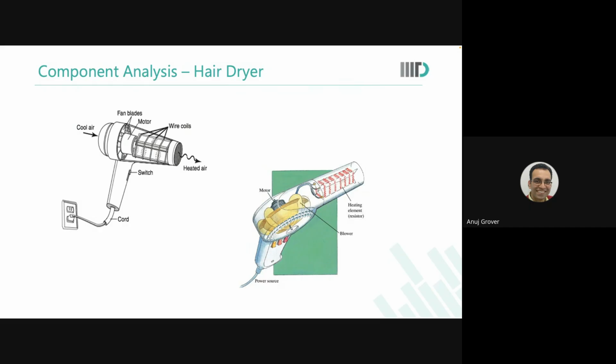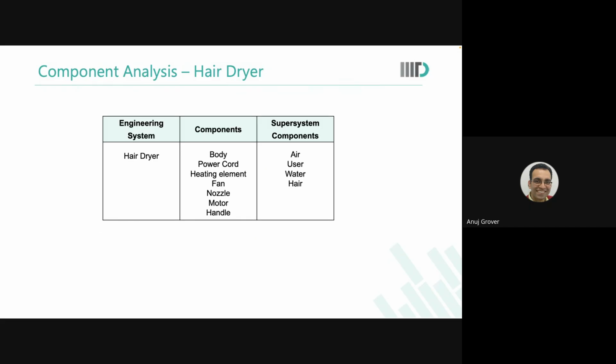No. So okay, I also did some component analysis in which I said, okay, body, power cord, heating element, fan, nozzle, motor, everything is system component. And I said, air, user, water, and here, they are super system components. Okay. So what was the problem I'm trying to solve?